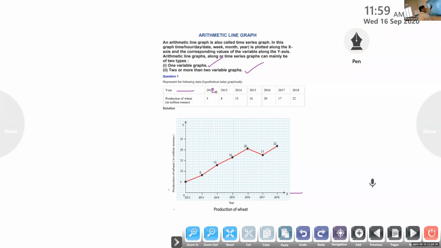So we can easily compare the difference in production between two consecutive years.